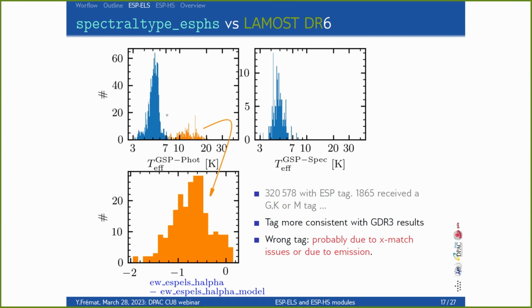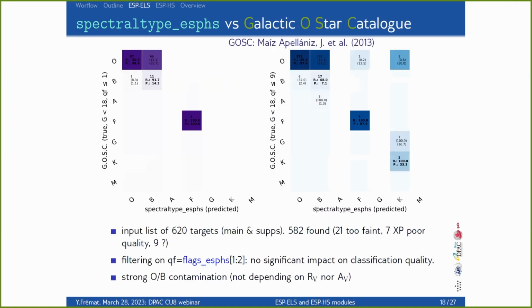In the remaining cases for which GSP-FOT is providing a hot star effective temperature value, if we look at the H-alpha index, we see that most of these cases have emission. So most of the mistagging is due to these cross-match issues, while the remaining cases are probably due only to the presence of emission in the spectra of these stars.